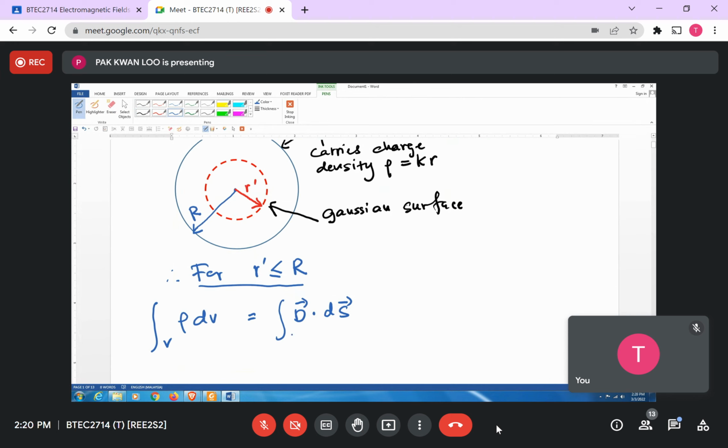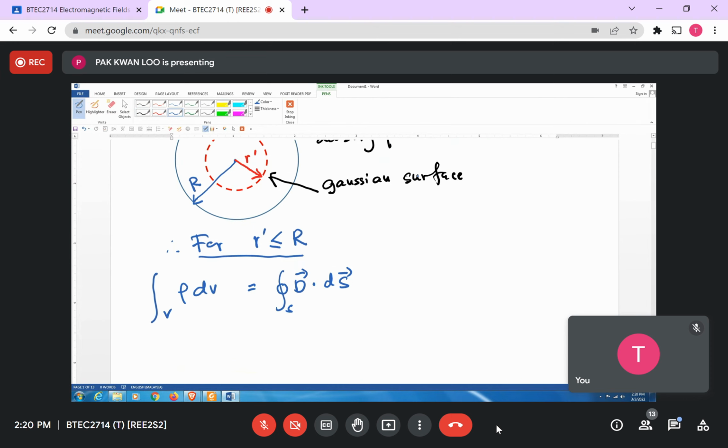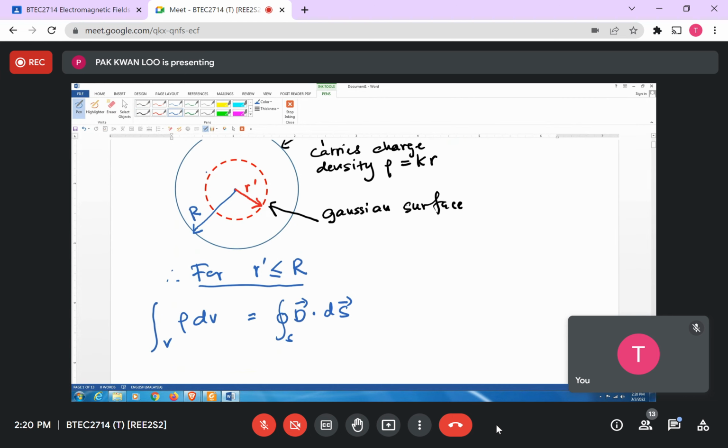Bear in mind, it is a closed surface enclosing the inside of the sphere that has a charge density rho. This volume V is defined by the Gaussian surface.